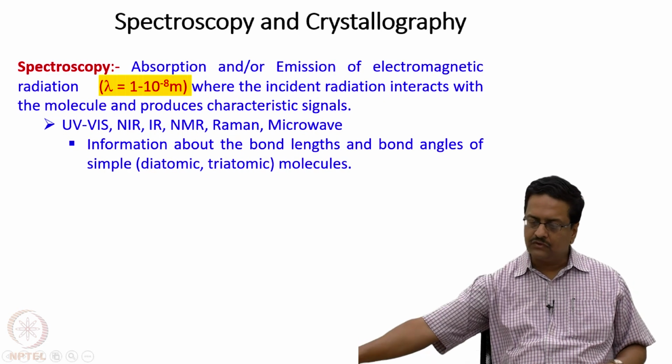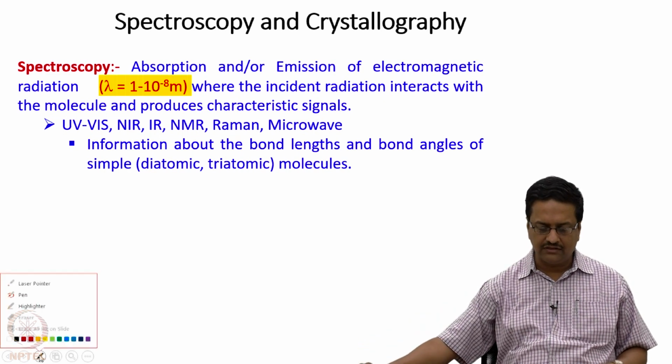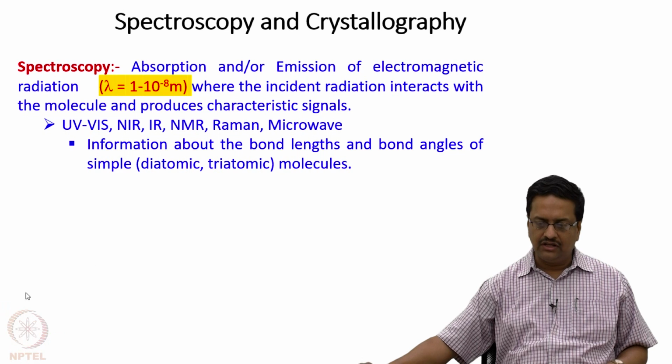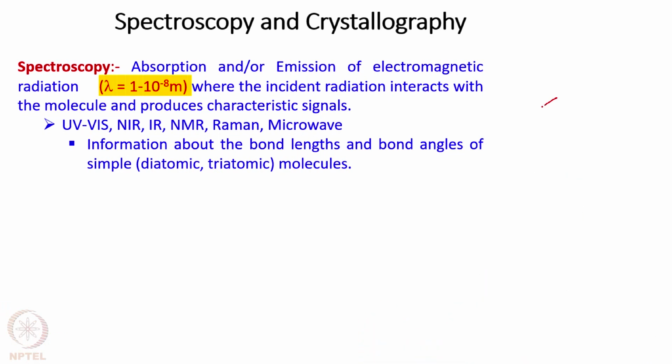But if I want to determine the bond length of a difficult molecule such as the one which I am drawing here on the screen, all the bond lengths and bond angles may not be possible to determine using a spectroscopic technique.